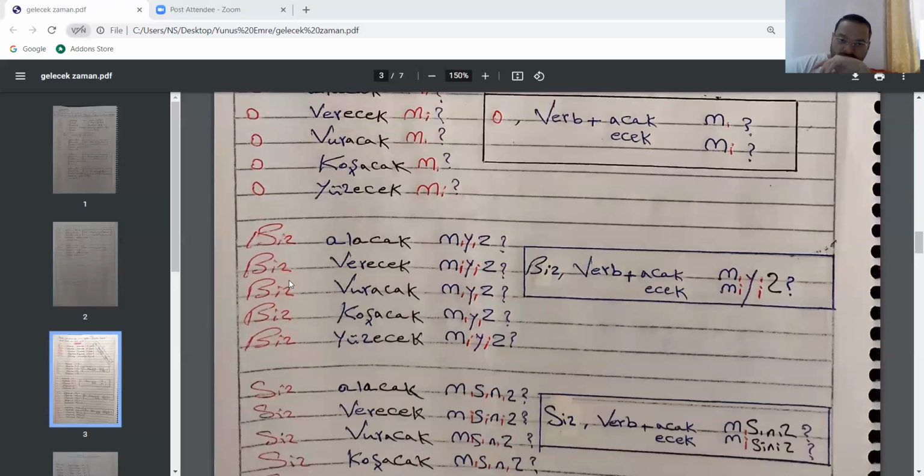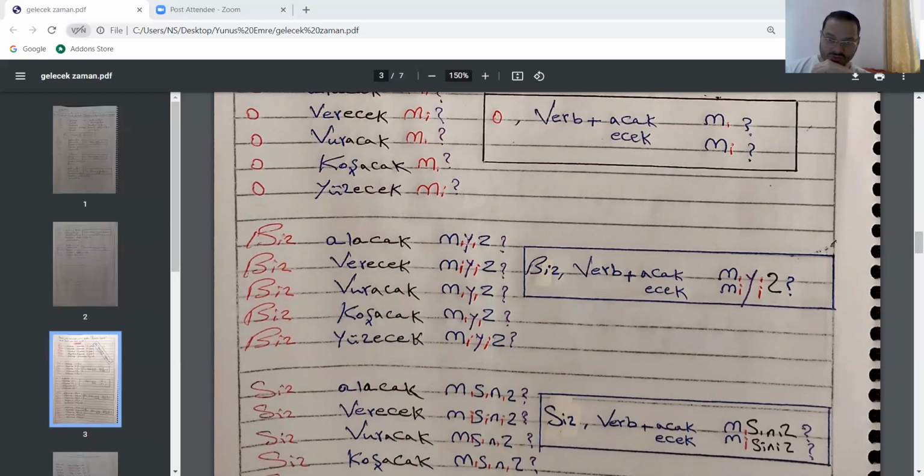Now we pronounce biz: alacak mıyız, verecek miyiz, vuracak mıyız, koşacak mıyız, yüzecek miyiz, like this form. Actually, I'm using different colors to note the difference in this form and the difference from the others, to make the situation easier for us.